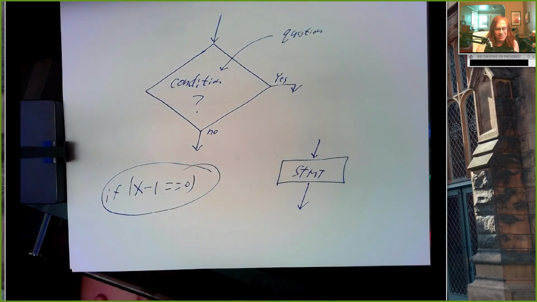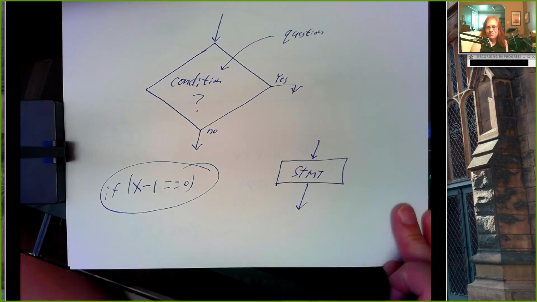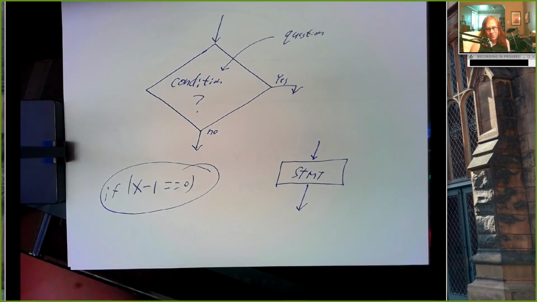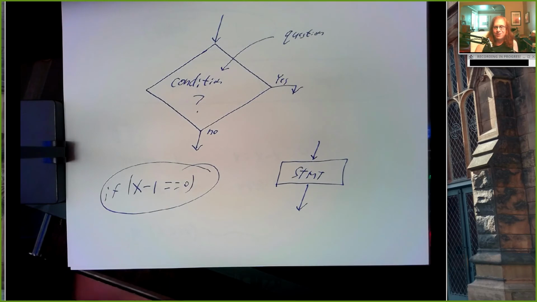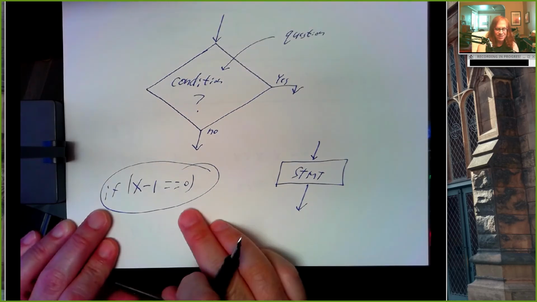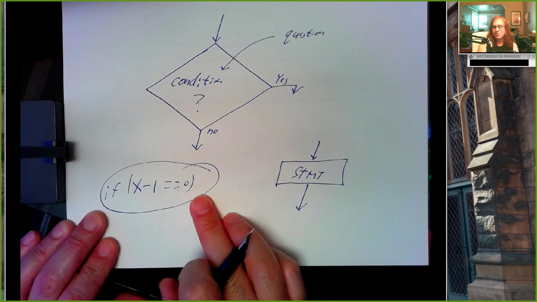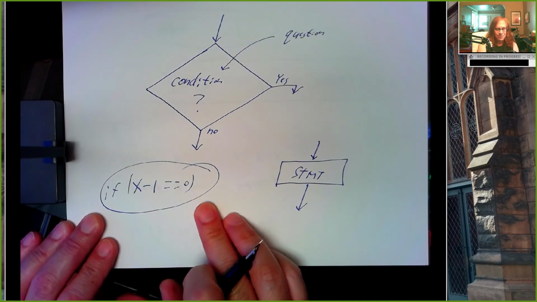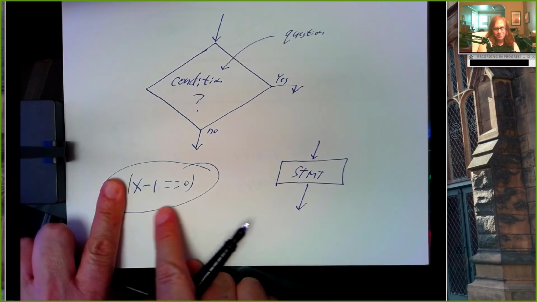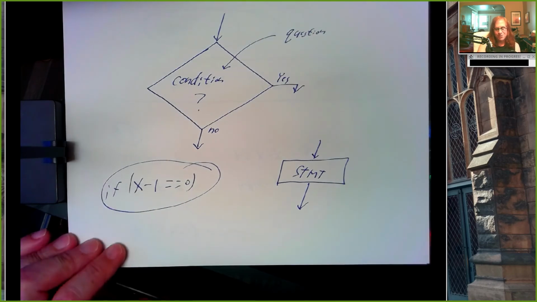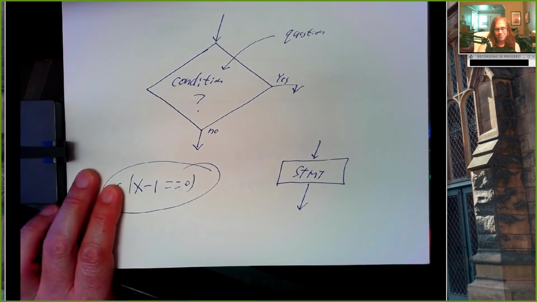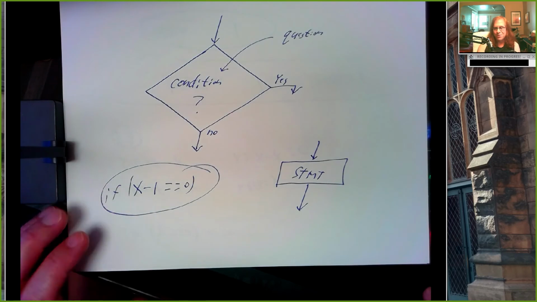I mean, what's the answer to if x minus 1 equals 0? I know what you're after here, but think of it in a very algorithmic way. Is this something that you can answer yes or no to? No. Now this is a question, right? Is x minus 1 equal to 0?